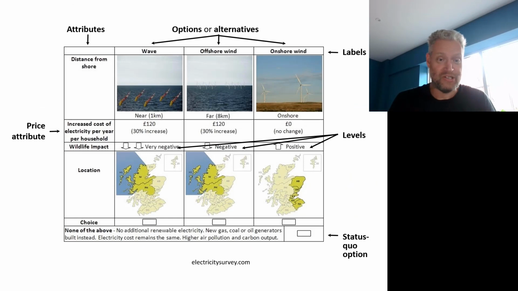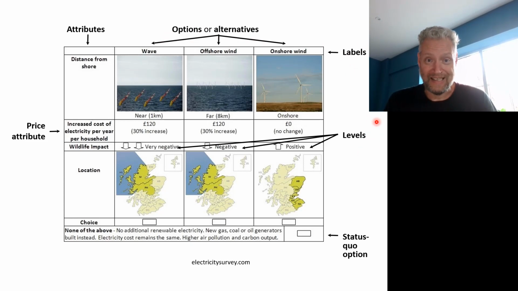The way this looks is as follows. You define a set of attributes: distance from shore, increased cost of electricity, wildlife impact, location, 4 attributes in this case. You present people with a number of options or alternatives: wave, offshore winds, onshore winds. You of course label them.